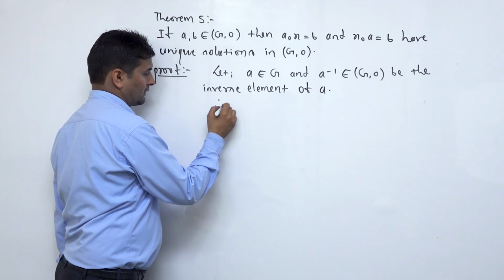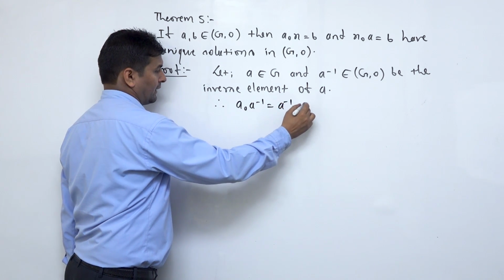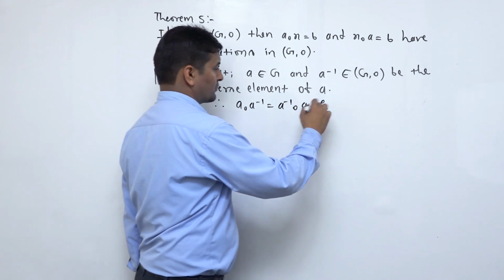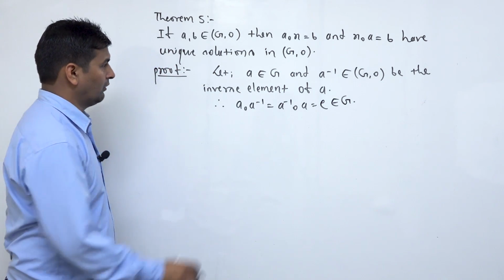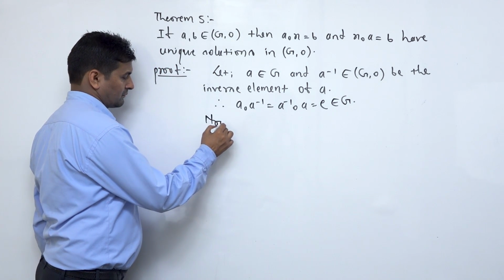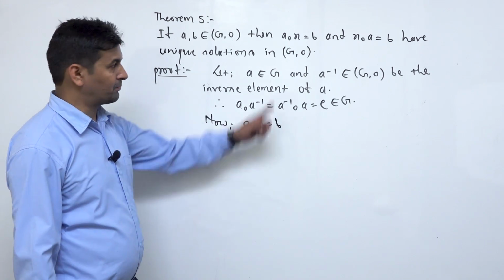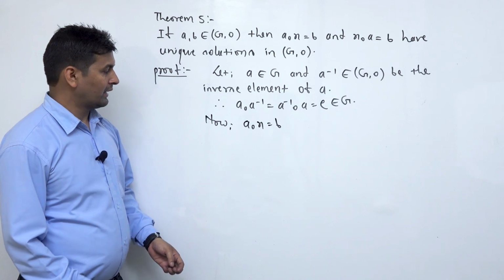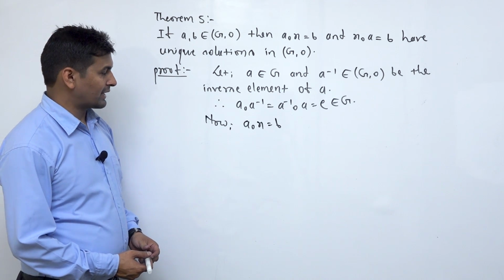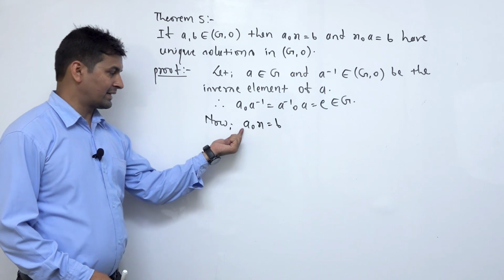Therefore, a not a inverse equals a inverse not a equals e, which belongs to G. Now what is given is a not x equals b. Now we need to operate both sides by a inverse. In left or right? In left, because a is here in left.